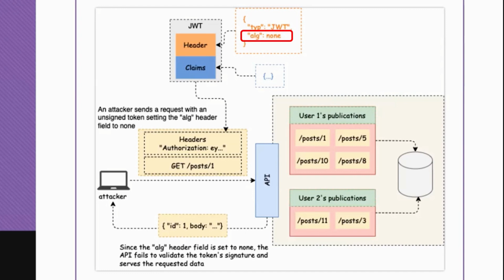That means there's nothing to validate. So in some implementations, this can bypass our access controls and get access to the API. So we want to make sure that doesn't happen. One of the best ways to protect ourselves against this type of vulnerability is by outsourcing authentication to a third-party provider, something like Auth0, Okta, or Cognito if you work with AWS.